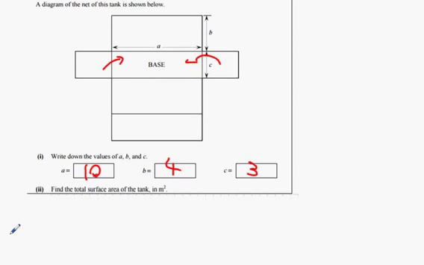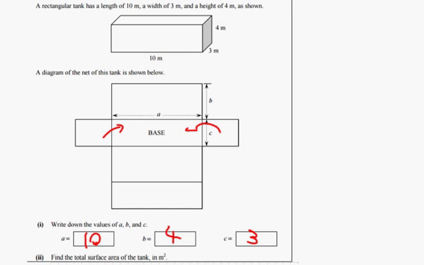What do we mean by surface area? What do we mean by area? There's 6 sides, isn't there? So you have to find the area of each side. So the area of the base, this one is 10 by 3, which is 30.